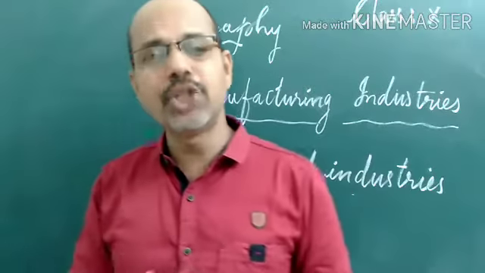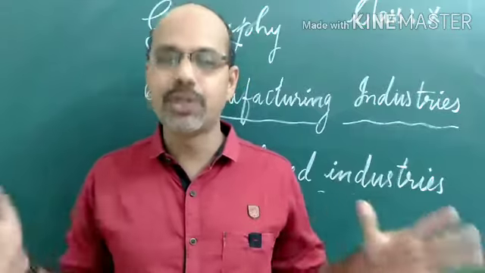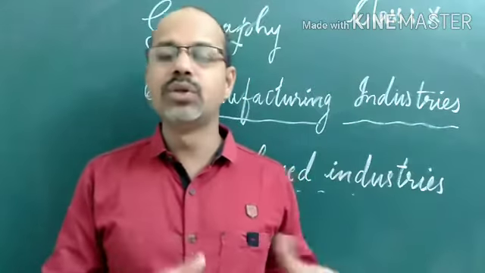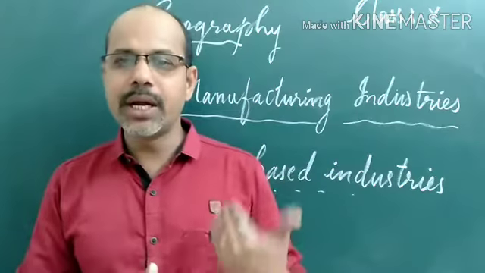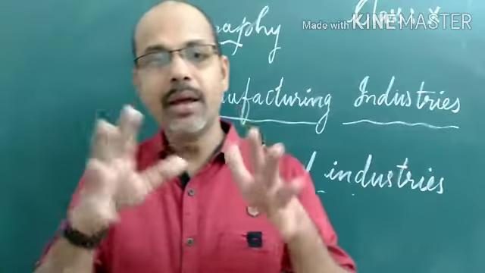The mill-made cloth from England was very cheaply available in India. At the same time, handmade goods in India were very costly, so traditional industries had to face a setback.